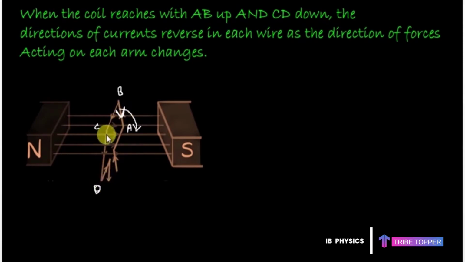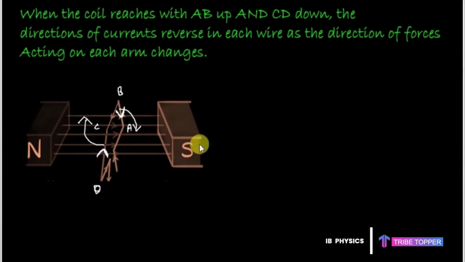The arm CD, which was originally here, has gone vertically down, so the current in this arm will be in the opposite direction now, because the force on this arm is acting in the upward direction. Thus we can say that the currents interchange their direction. So now they reverse their direction.